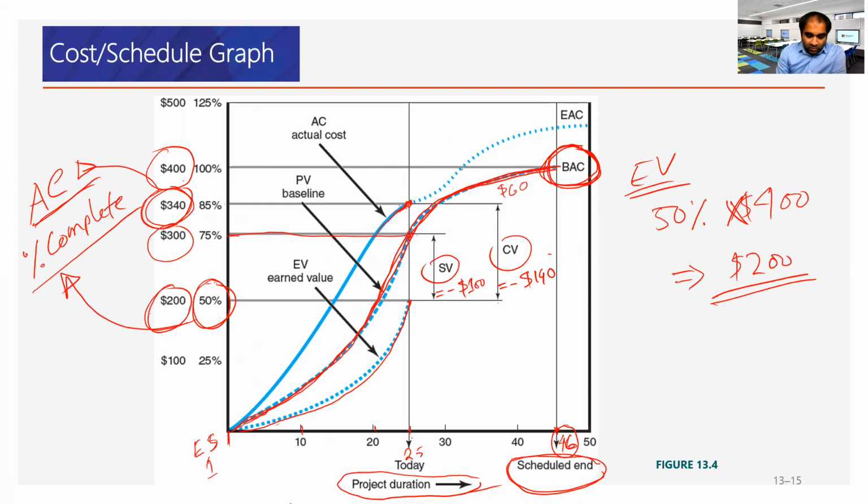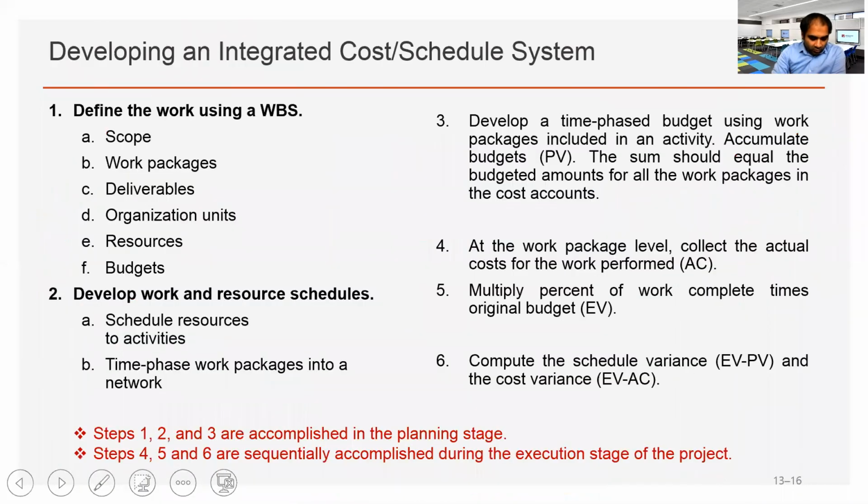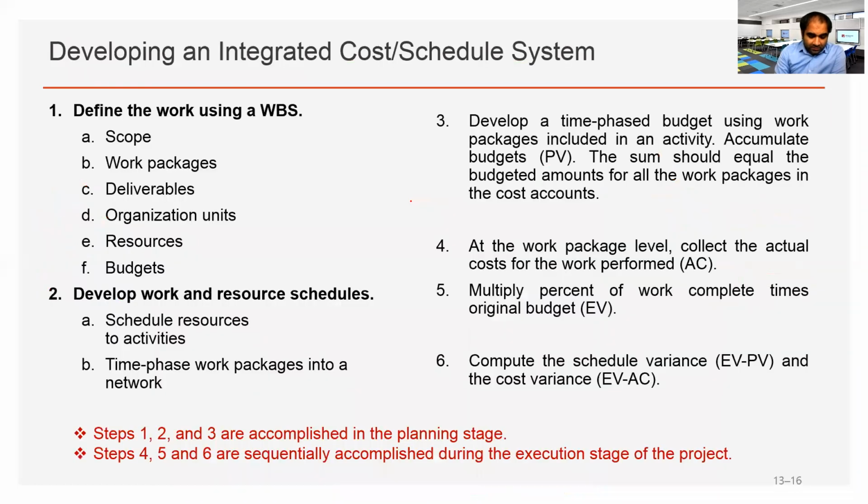From here, after day 25, we recalculate the estimated cost at completion, EAC. How do we do it? We earned 50%, so the remaining 50% is still here.